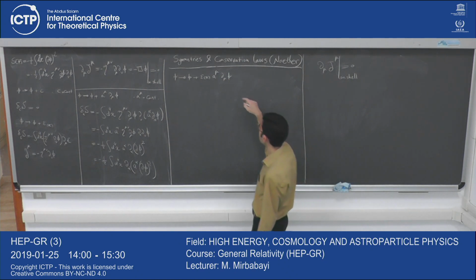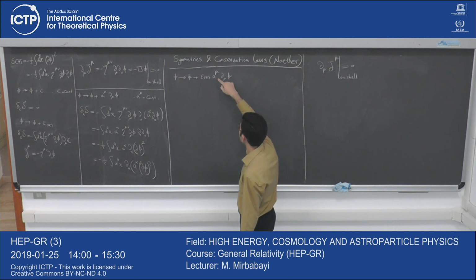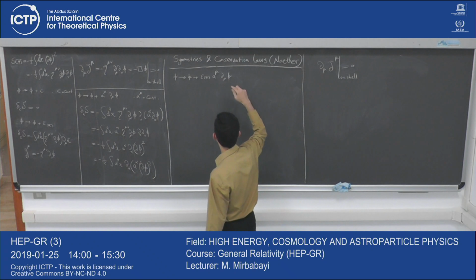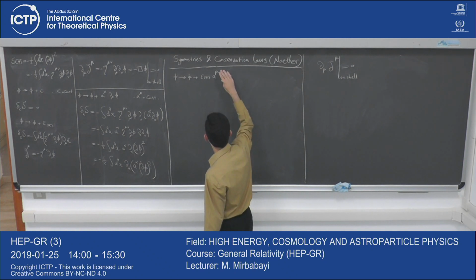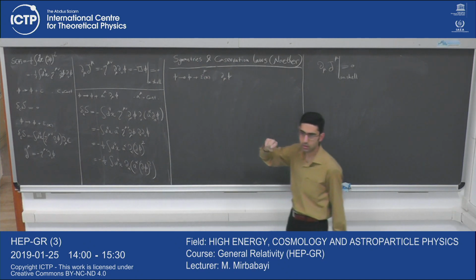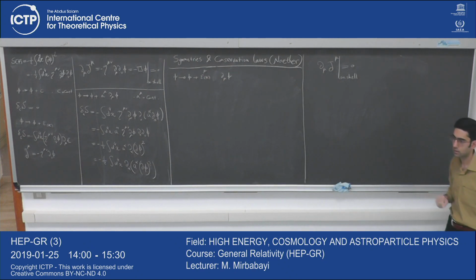Now again, these a mu's are 4 constants. I can simplify the notation a little bit by absorbing it into epsilon, introducing a 4 vector epsilon mu of x.